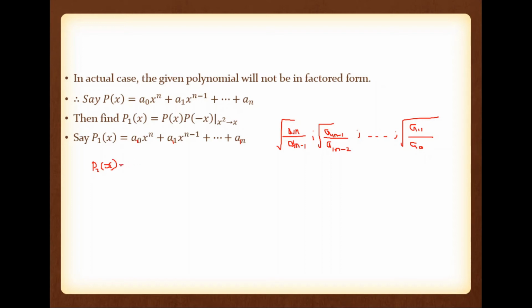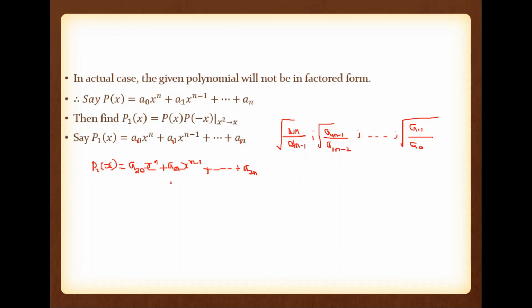So say we can write it as a20, this 2 means corresponding to p2, then this 0 means the coefficient of x raised to n, okay, plus a21 x raised to n minus 1 plus etc. plus a2n.